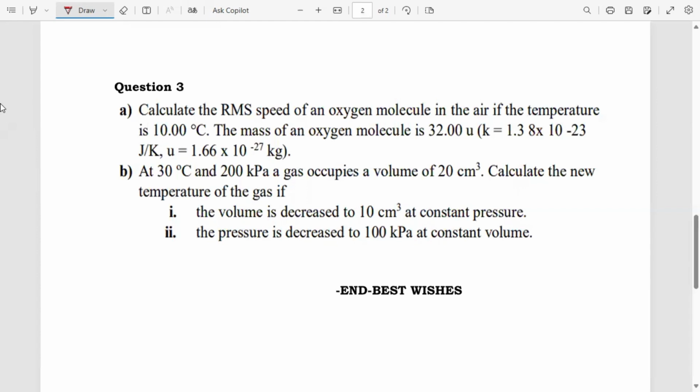I think they wanted to put micrograms, so I don't know what they mean. Or it's ounces. Yes, I think it's ounces. And they've given us the Boltzmann constant as 1.38 times 10 to the power minus 23 joules per Kelvin. And they've given us the conversion factor of an ounce to kilogram.